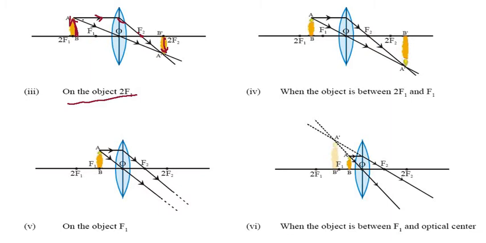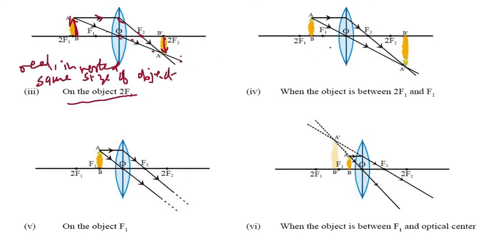And second, when a ray passes through the optical center, it moves without deviation. Where they intersect each other, that forms the image. It is also real, inverted, and the same size as the object.